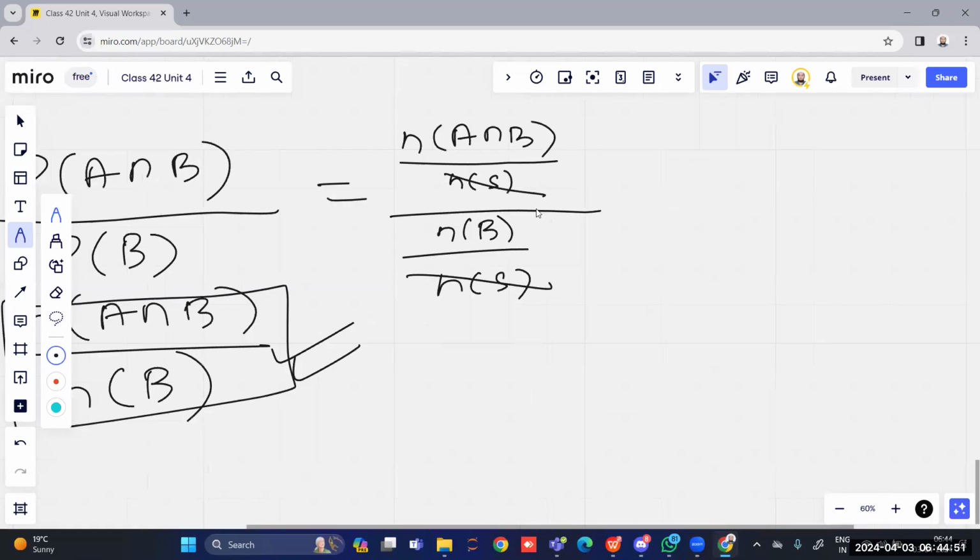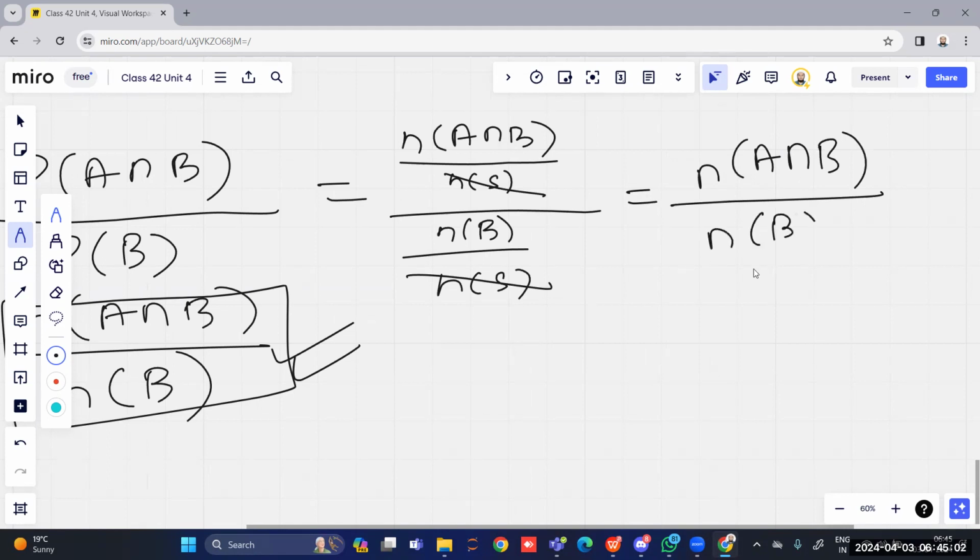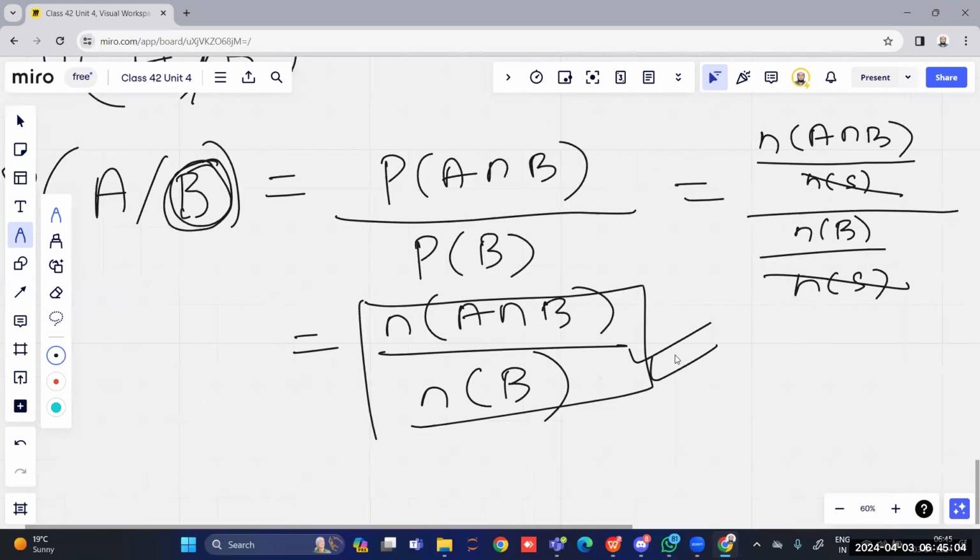What we are left with is the number of elements in A intersection B upon the number of elements in B. Remember this: in conditional probability, it is the intersection upon the condition's number of elements.